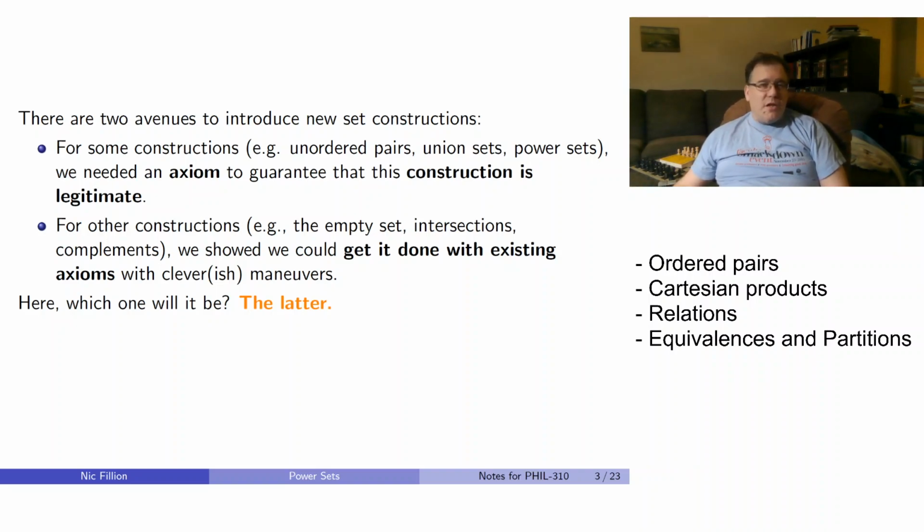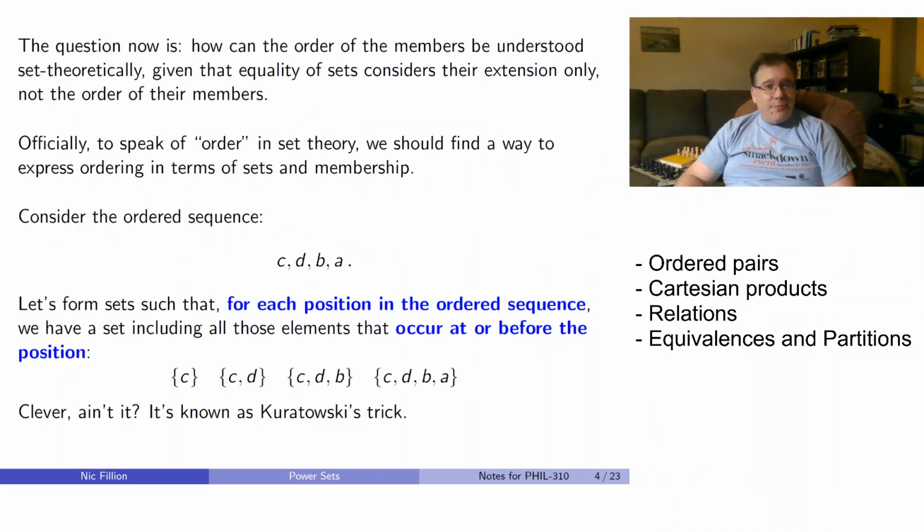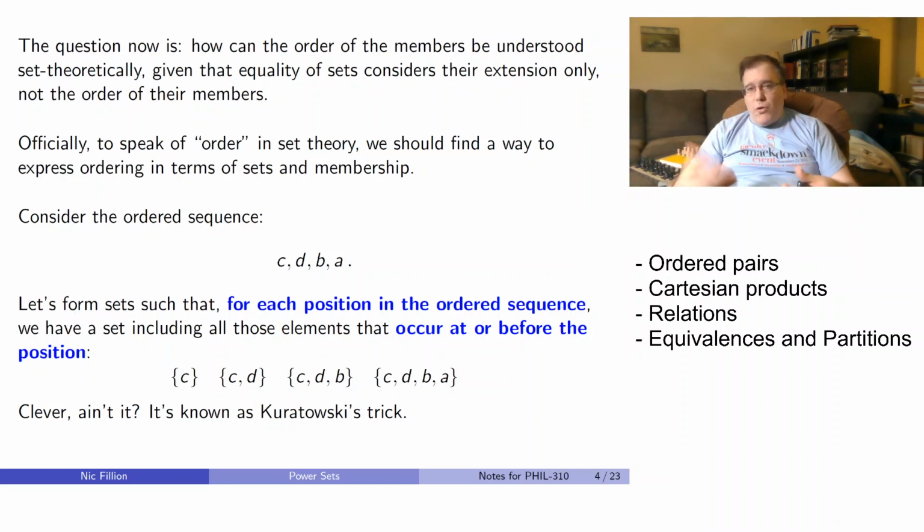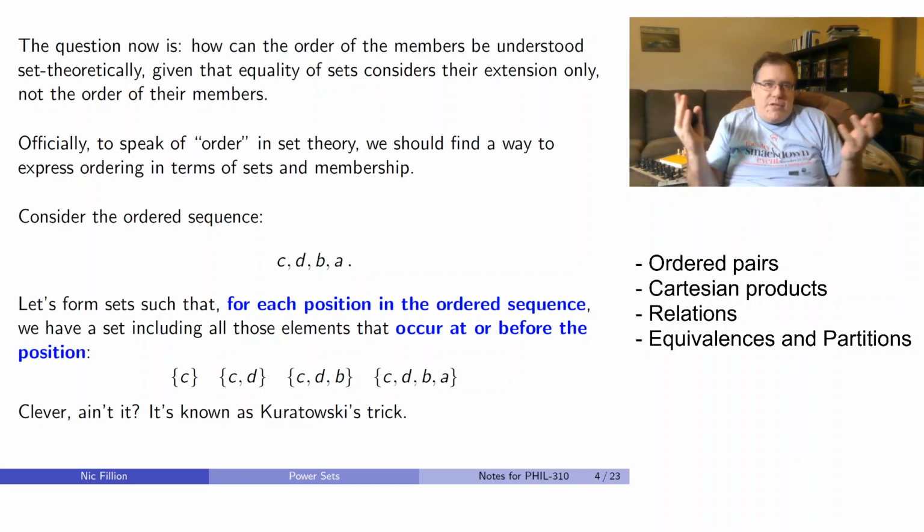So which one is it going to be here? It's going to be the latter. So we don't need to introduce a new axiom to talk about order, despite what perhaps you might think at first. So the question that we're going to want to ask is, if we want to talk about order, how are we supposed to be able to do that based on the principles of set theory that we already have?